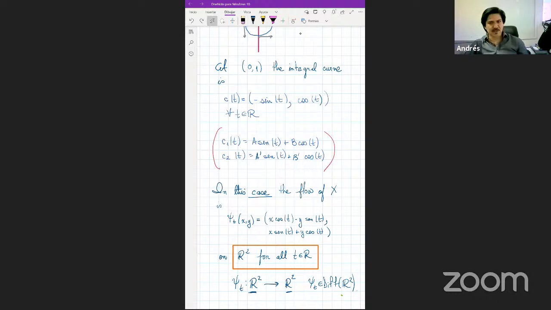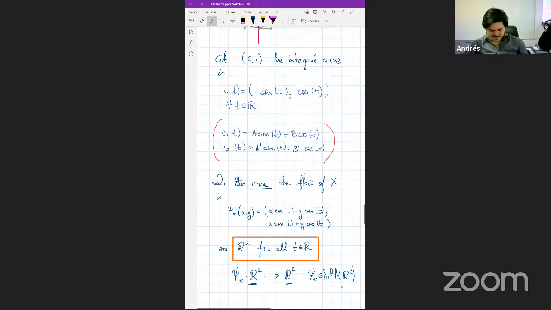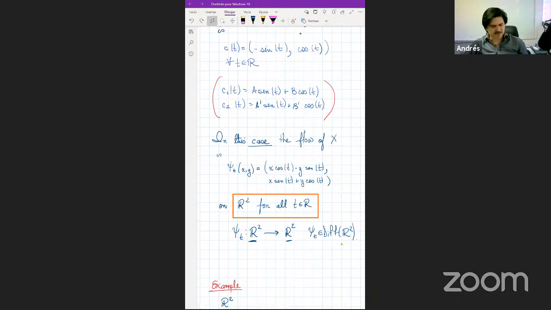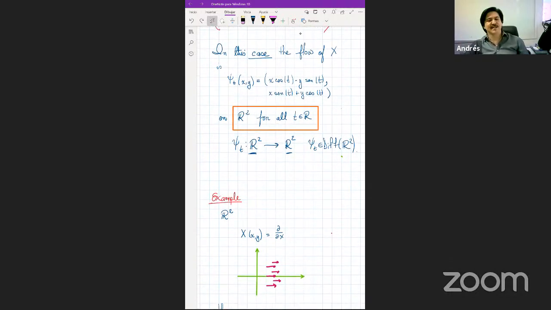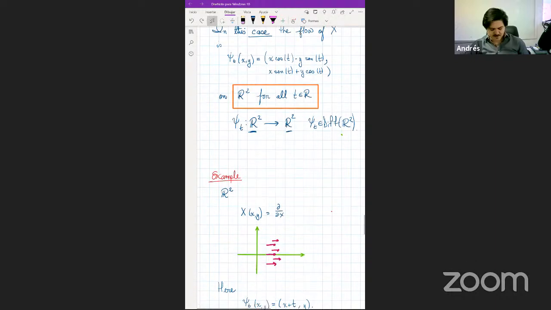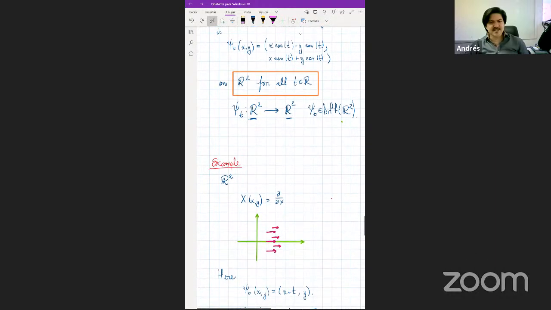Okay, so let's move on. I have another example, again only on R2, the example that we saw at the beginning of the class that we also covered last time. So I have this vector field, and I just wrote the flow.